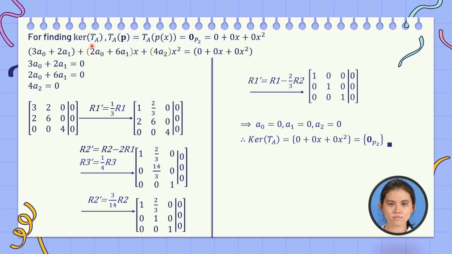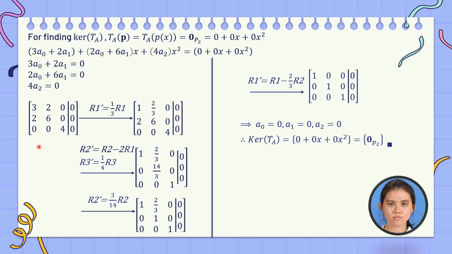Next, we need to find the kernel TA. We know that the kernel TA equals the zero of P2, in which by multiplying the basis of P2 with 0, we obtain 0 plus 0x plus 0x squared. Then, by substituting the elements of TA(p) and 0 plus 0x plus 0x squared in the formula, we can create a system of linear equations in which 3a0 plus 2a1 equals 0, 2a0 plus 6a1 equals 0, and 4a2 equals 0.